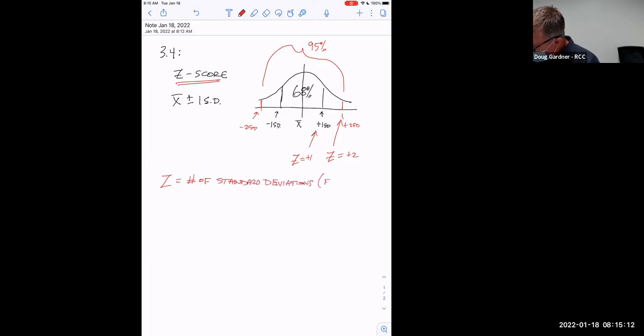And it's important to understand that that's from the mean, from whatever the average is. And so this would actually be a Z-score of 0 because you're no standard deviations from the mean. You're right on the mean. And this would be a Z-score of -1, and this would be a Z-score of -2.